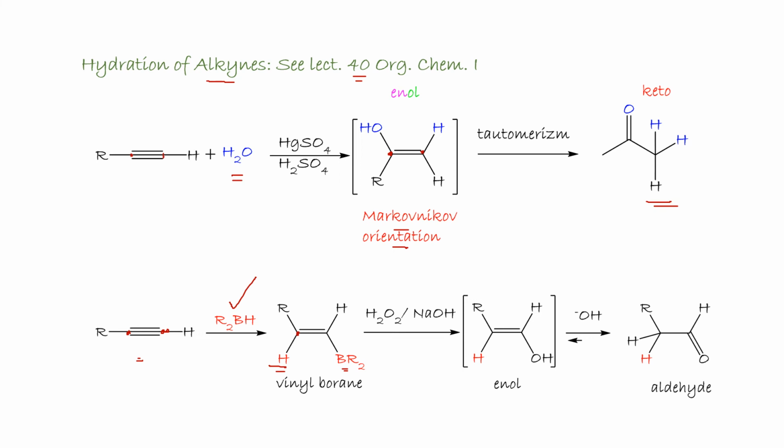Then you oxidize with hydrogen peroxide in basic media, and you get this enol, which tautomerizes to give an aldehyde. So a terminal alkyne with water, sulfuric acid, mercury sulfate will give a ketone. Hydroboration, oxidation will give you an aldehyde.